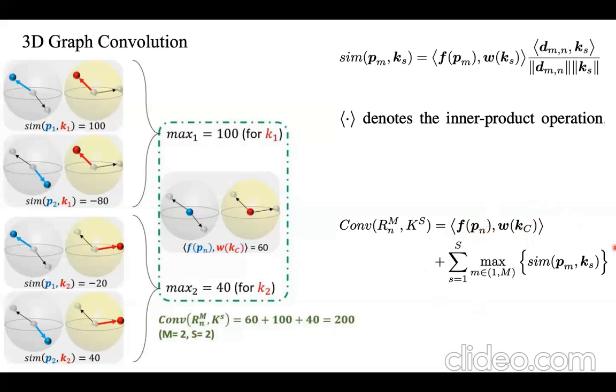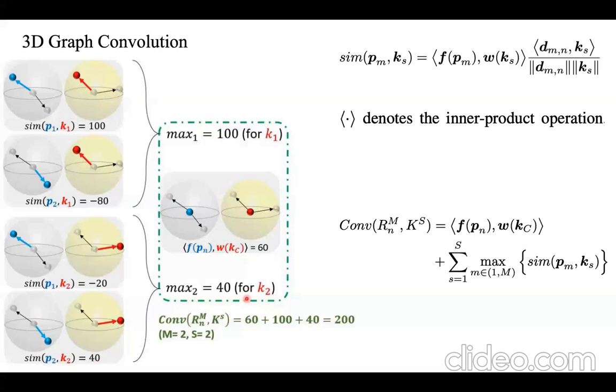Now this portion we need to understand. Since they already computed the similarity between those kernel points and the actual points, now they will go for picking the point with a maximum similarity. So in this case, 100 is max. So for kernel 1, that is the max value they picked. In case of kernel 2, what is max? That is what they picked.